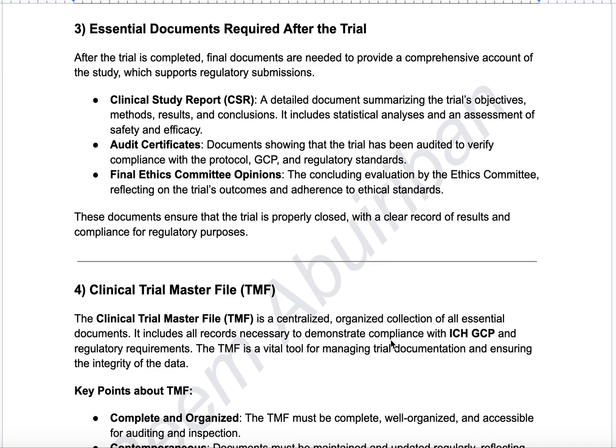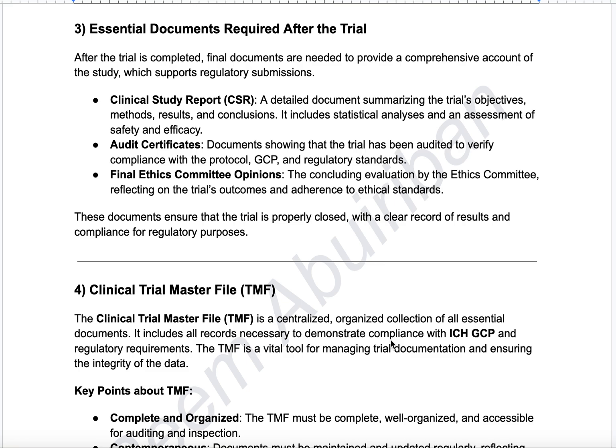Audit certificates, documents showing that the trial has been audited to verify compliance with the protocol, GCP, and regulatory standards. Final ethics committee opinions, the evaluation by the ethics committee reflecting on the trial outcomes and adherence to ethical standards. These documents ensure that the trial is properly closed with a clear record of results and compliance for regulatory purposes.